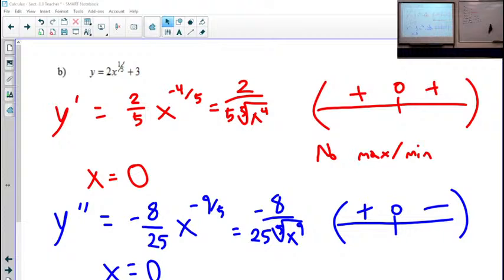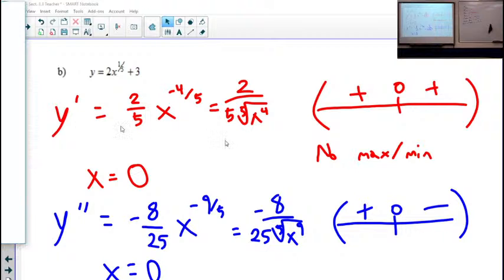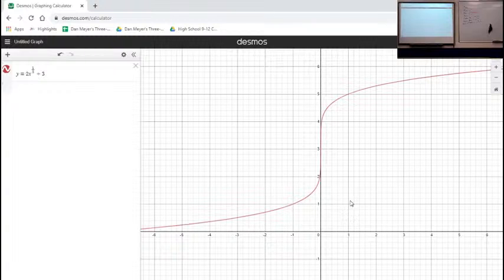We also have a point of inflection at 0, and then go from going concave up to concave down, but we're always increasing. Bam, there it is.